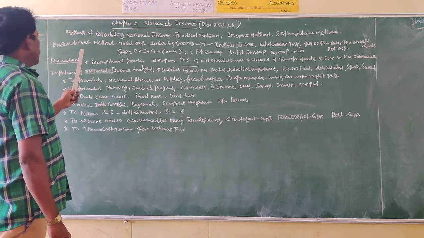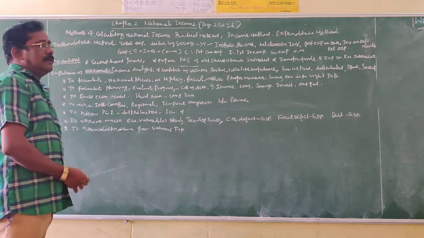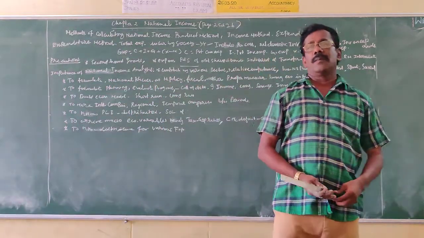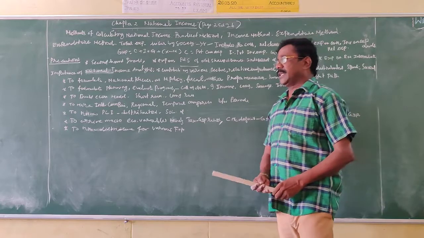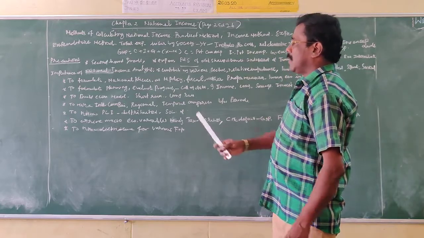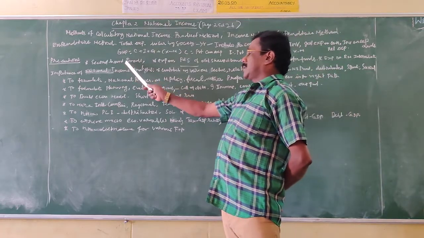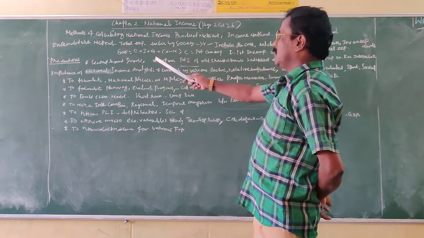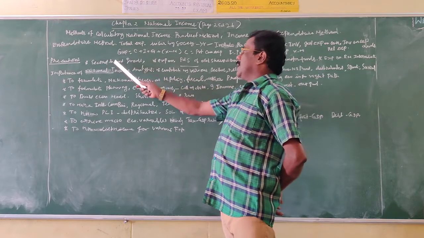Then, what are the precautionary measures to be taken while calculating the national income under the expenditure method? Already explained, second-hand goods: goods once sold to the consumer and sold again are second-hand goods.